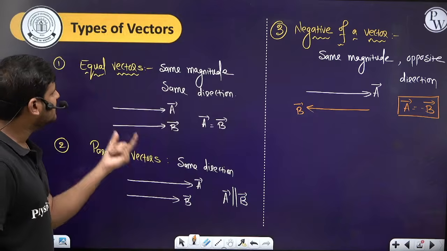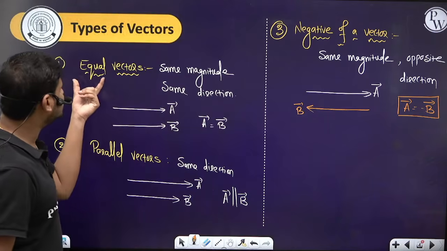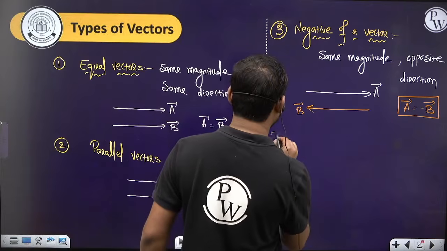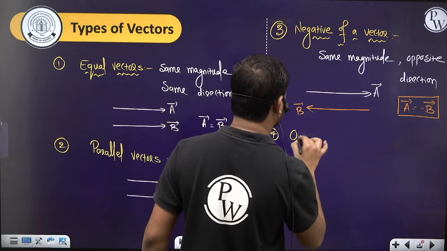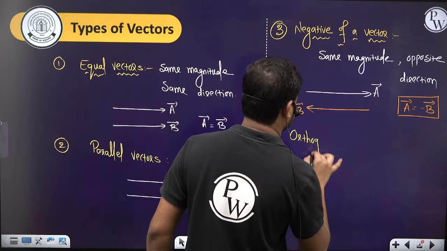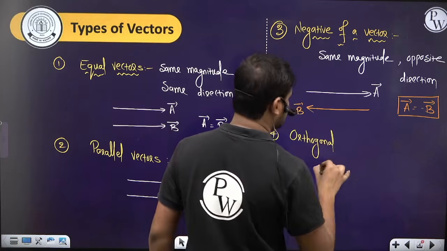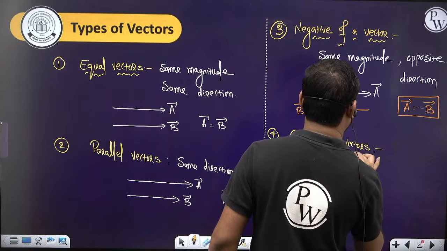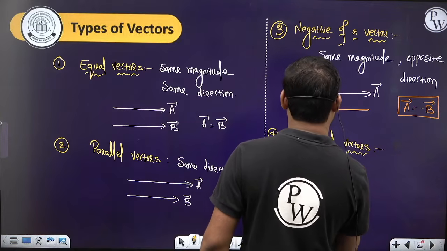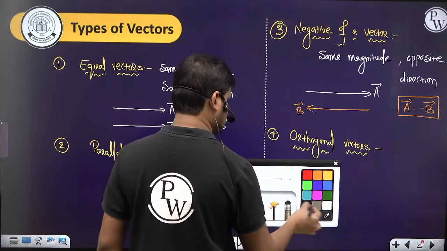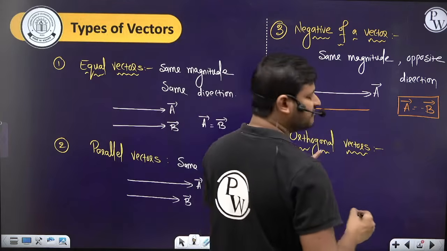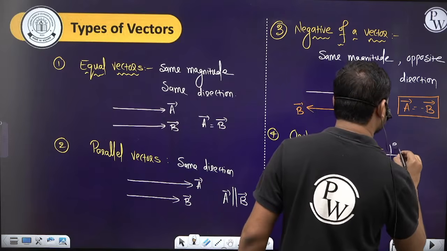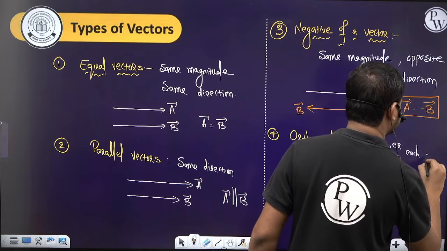So here we have parallel vectors and non-parallel vectors, and equal vectors, and then the next one, the orthogonal vectors. Orthogonal vectors means the vectors which are perpendicular to each other.